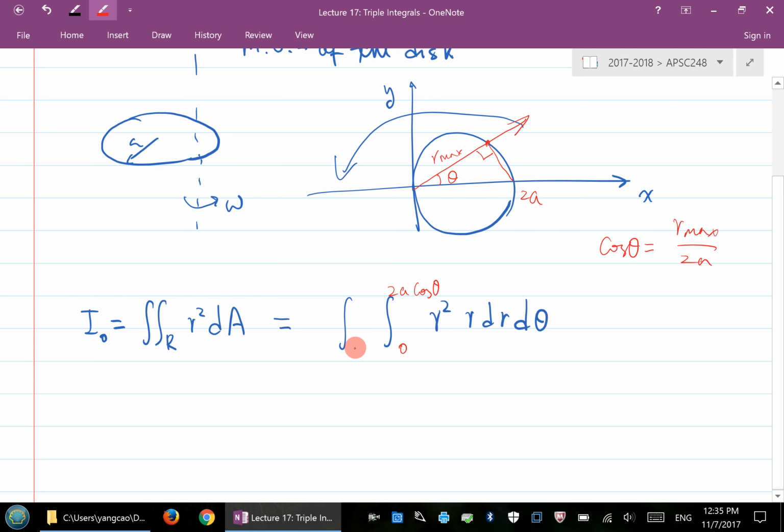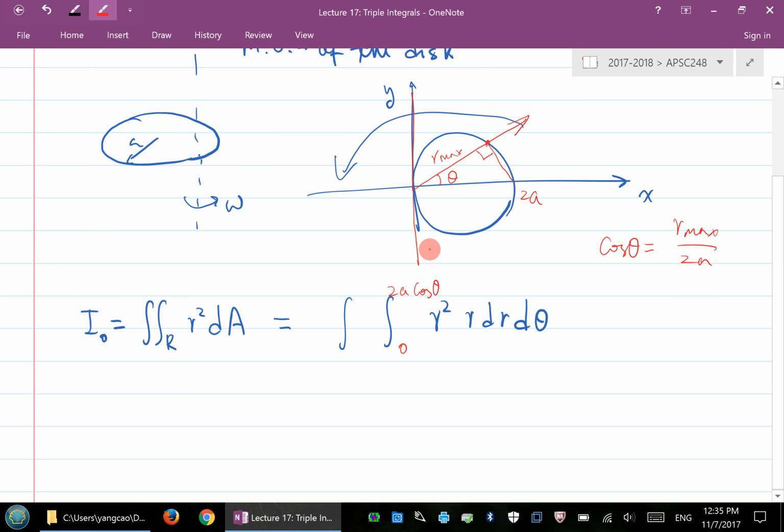For the theta limit, you look at the boundaries sandwiching this region. There are two boundaries, the bottom and the top one. So there's a lower bound and an upper bound. When you find the theta limits, you always go from the lower bound to the upper bound.